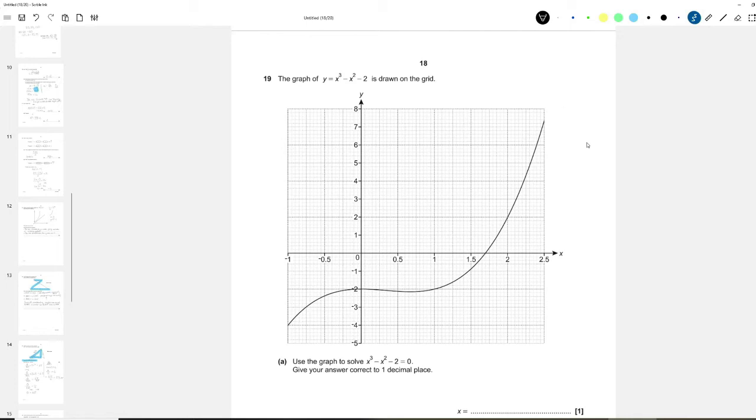When that equals 0, y would equal 0 here. So, when y equals 0, it's this point here that I need to look at. Each little square is split into 10, so each one would be 0.05. So, the answer would be 1.7.